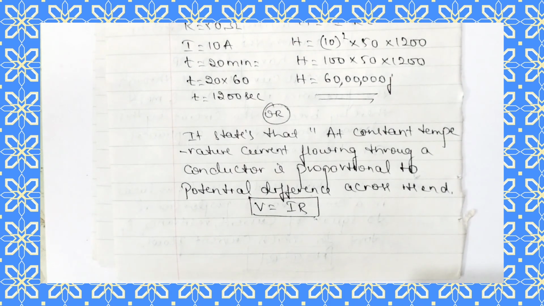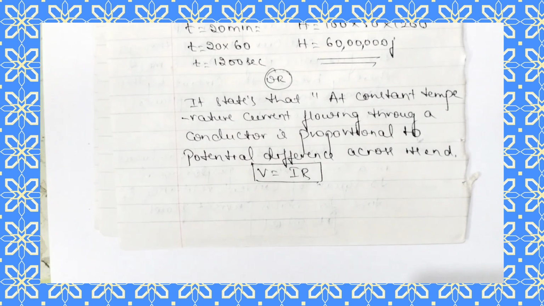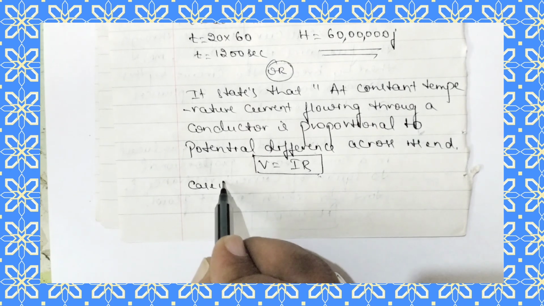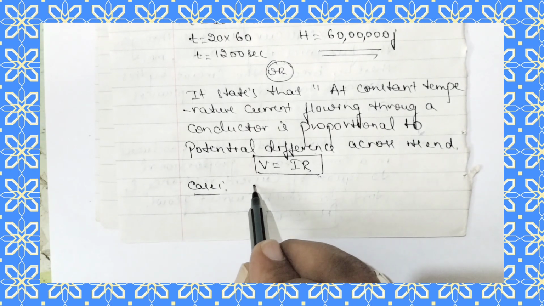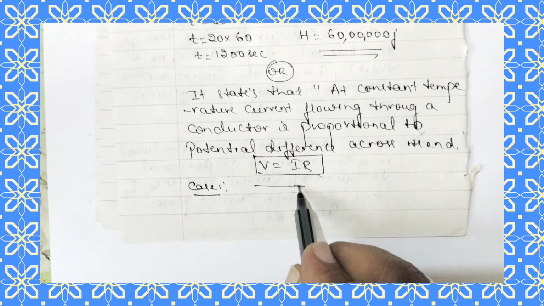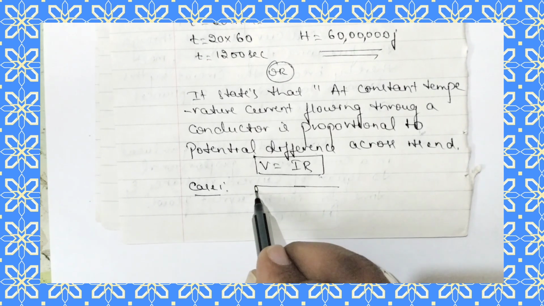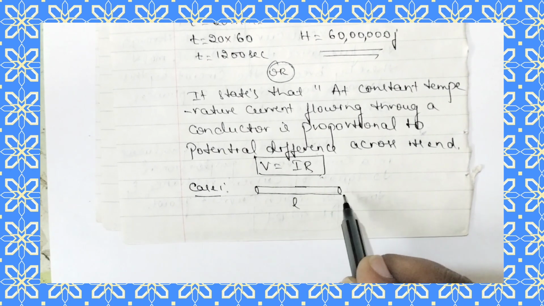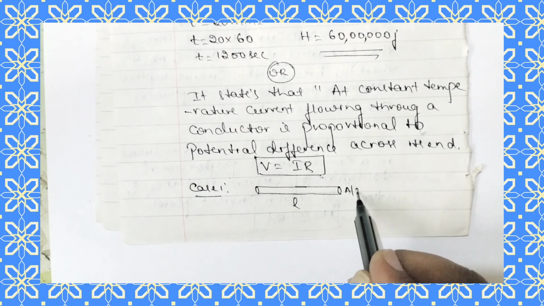Explain with an experiment to show that different material with different sizes have different resistance. So let us take case number 1. I have taken a conductor whose length is L and area of cross section is A by 2.